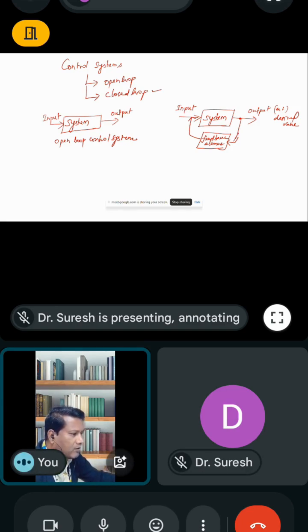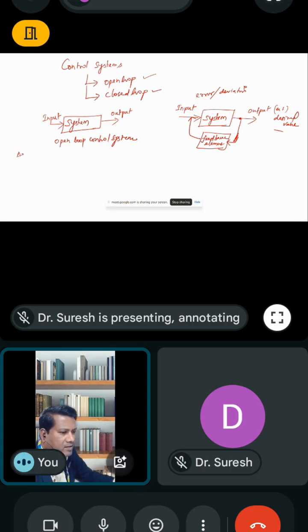So based on the comparison, there will be an error that is called deviation from the desired value. That deviation has to be minimized using a proper control system to produce the desired output. So two types of control system: open loop control system and closed loop control system.